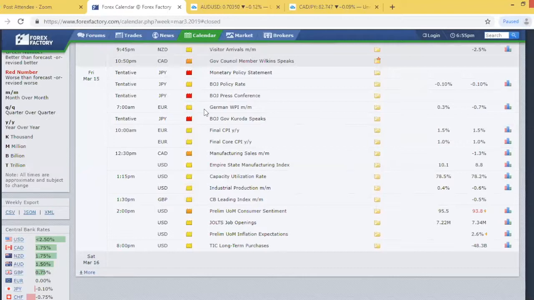So with an expensive currency, they're not as able to sell as much. Foreign investors don't get as much for their money with a strong Japanese yen. So they're not able to buy as many goods, which means the Japanese economy isn't able to produce as many goods. So the manufacturing industry is affected as a result.